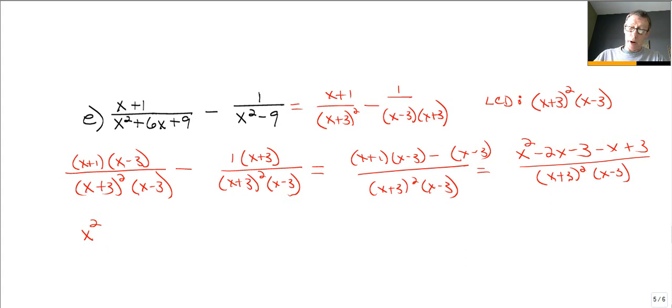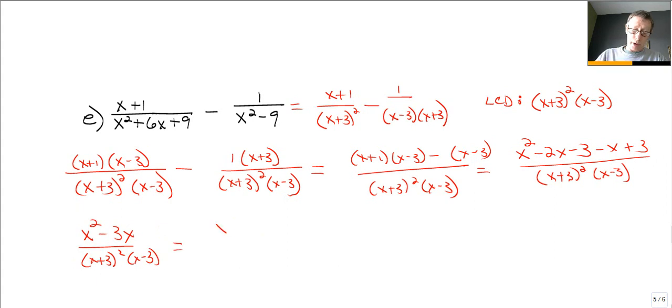So I have x squared, I have a minus 2x and a minus x, and I have a minus 3 plus 3. So that'll be 0. So my numerator is x squared minus 3x over x plus 3 squared, x minus 3.